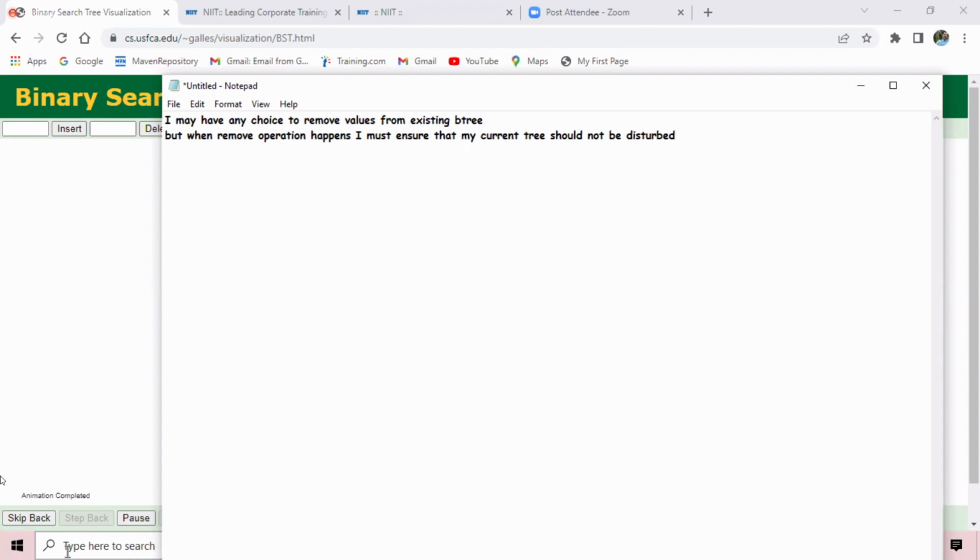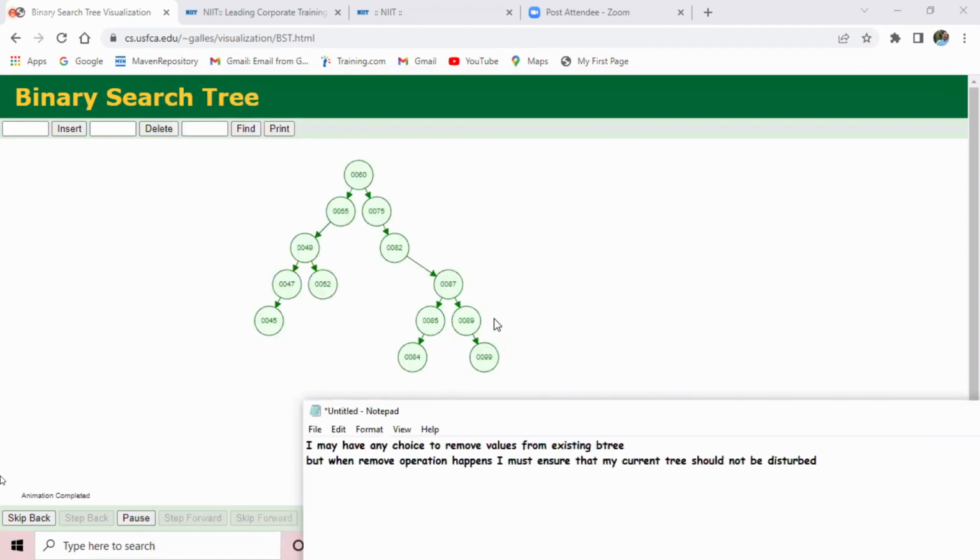That means there must be an arrangement that happens between these nodes in such a manner that whatever value is removed will get removed, but the rest of the tree should be intact in terms of their communication, in terms of their parent-child relationships.